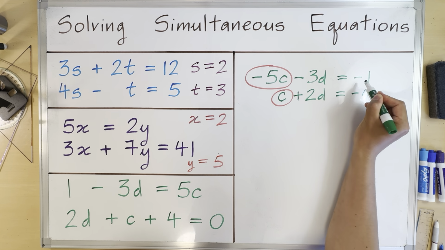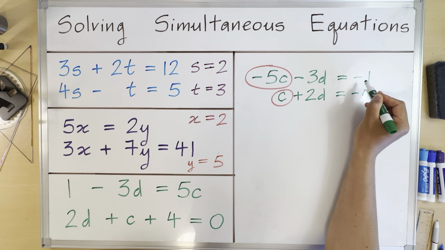This gives us negative 5c. Negative 5 times positive 2d gives us negative 10d. And last but not least, negative 5 times negative 4 gives us positive 20.